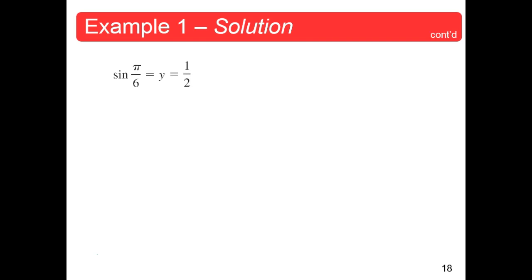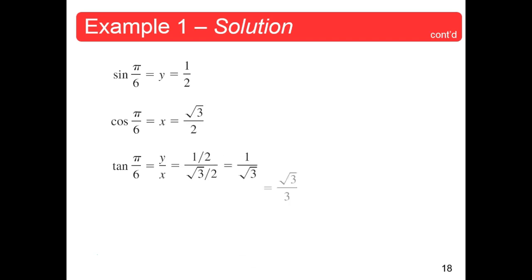And that gives you 1/2. The cosine is the x value, which is root 3 over 2. And the tangent is y over x, which is basically just divide those, and you have 1 over root 3, which comes out being root 3 over 3. Okay.